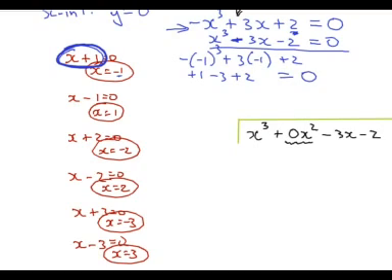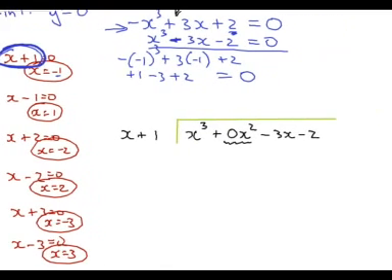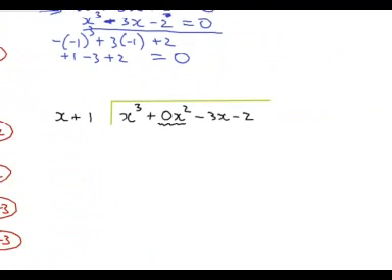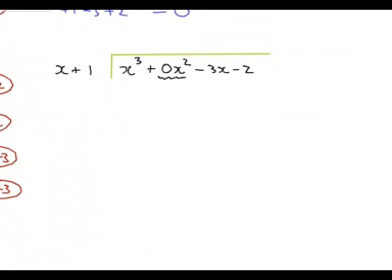Can you just quickly explain how you got to the 0x squared? It's just a placeholder.